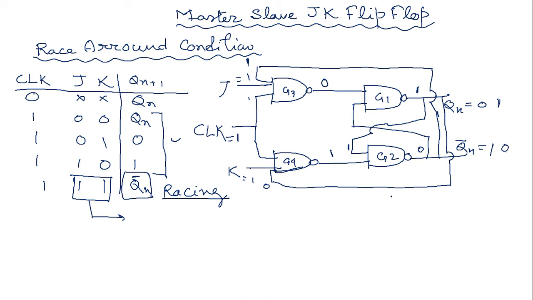And in the same clock pulse, after Qn equals 1 and Qn complement equals 0, this 0 is forwarded here, and when one of the inputs is 0, the output of this G3 is 1, and when all of the inputs are 1, the output of this NAND gate is 0, and after getting 0, the output of this NAND gate is 1 and the output of this NAND gate is 0.